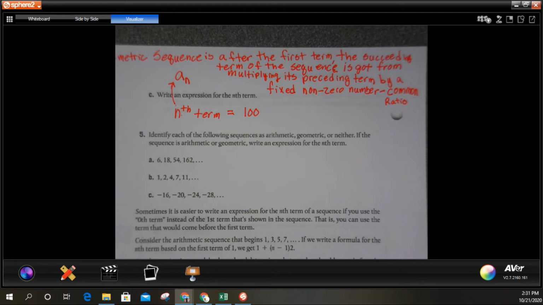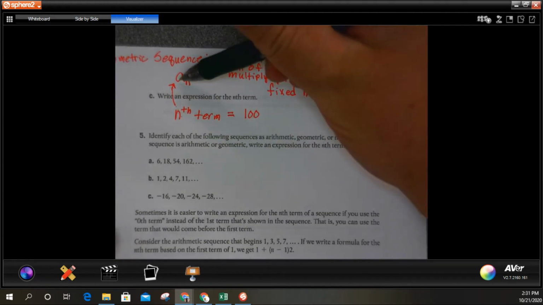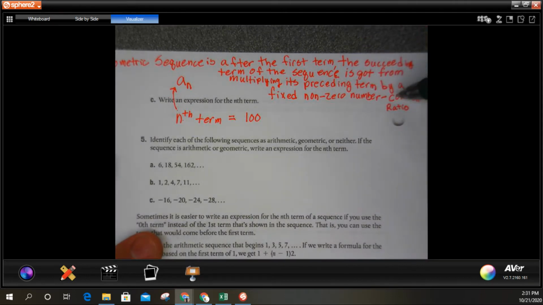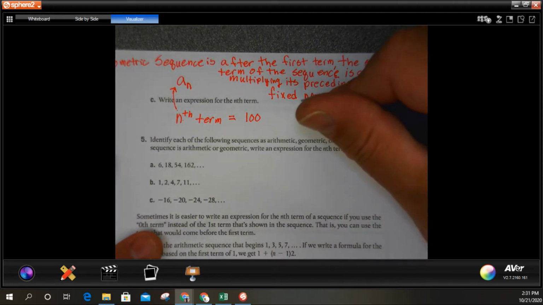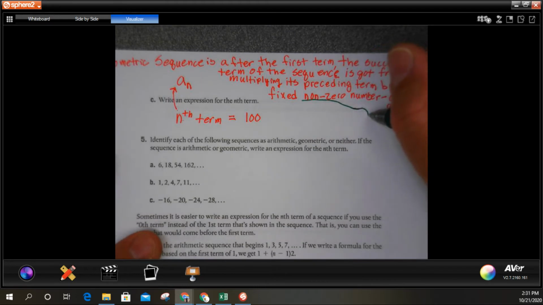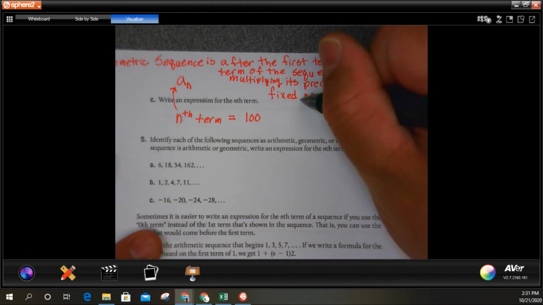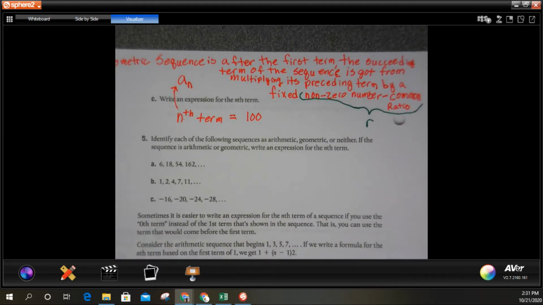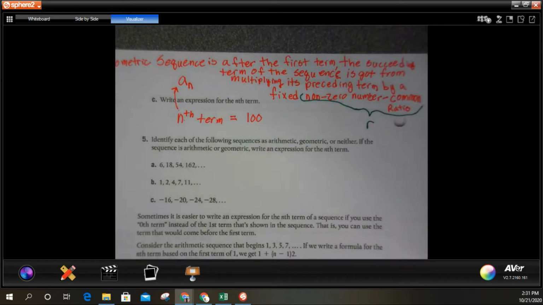Okay, so again, instead of saying nth term, I'm going to use a sub n, and instead of saying non-zero common ratio, all of this, I'm going to use little r as my common ratio. So my nth term is going to be, now remember, I have to use that first term.